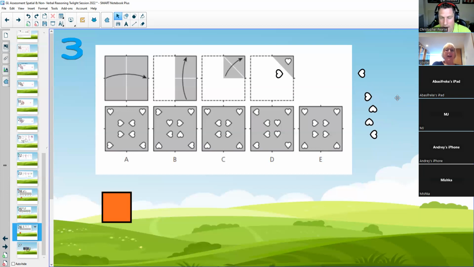Sorry, Lou, just to mention there, I think that is an interesting fold, isn't it? Actually, it is. And realizing that heart will end up rotating around 90 degrees. I think the way I would do it is I'd look at the diagonal and then look for the reflection. Absolutely. And just understanding what's happening there. This is where a lot of children may go wrong.